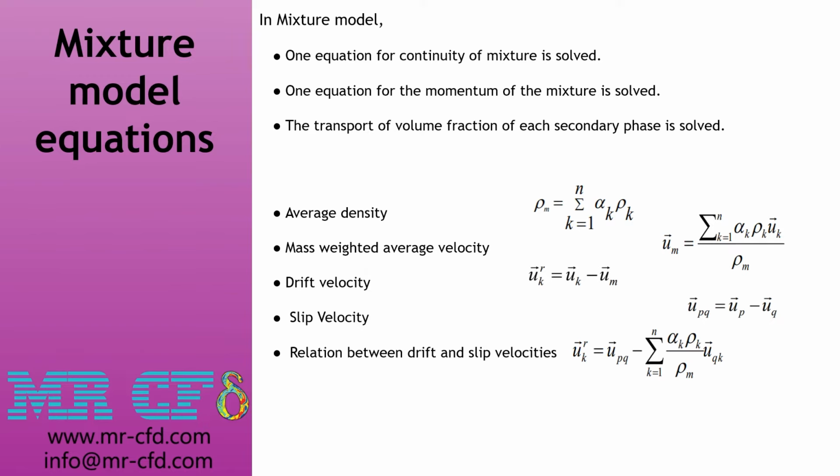Also, you can see the formulations used in the mixture model to obtain average density, velocity, and two very important parameters called drift velocity and slip velocity. These two parameters are used when modeling inhomogeneous mixture flows. You can deactivate the slip velocity in the mixture model session window to simulate homogeneous mixture flows.